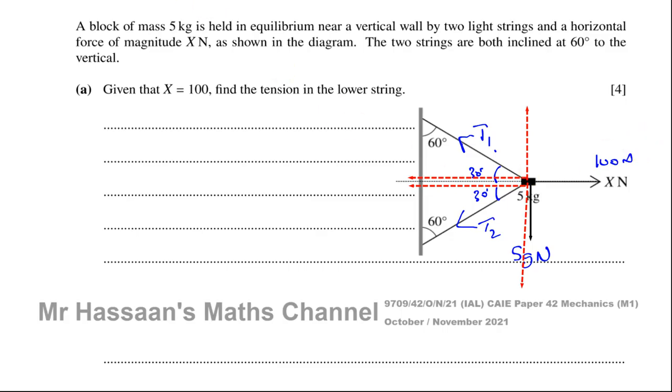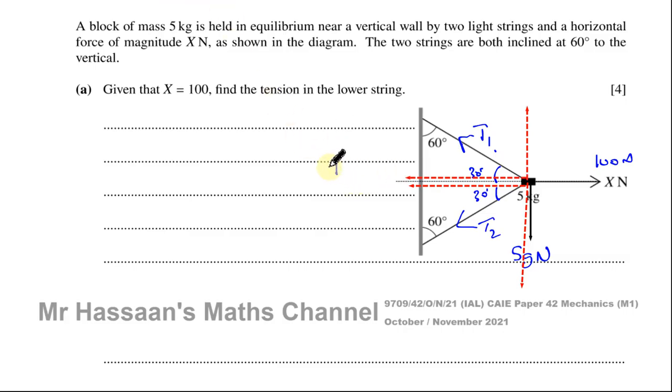So they'll both have components like this. As we know, if I want to resolve the force going into the angle, like resolving in this direction horizontally, I have to go into the angle given. The angle given is 30 degrees. As I'm going into the angle, it's like I'm finding the adjacent side, so I have to use cosine.